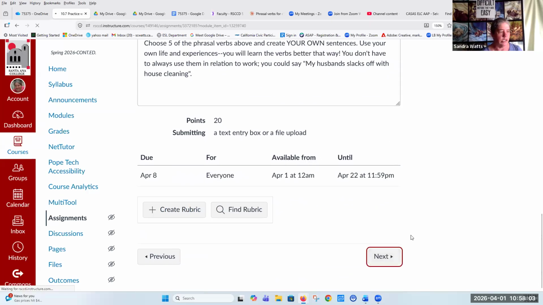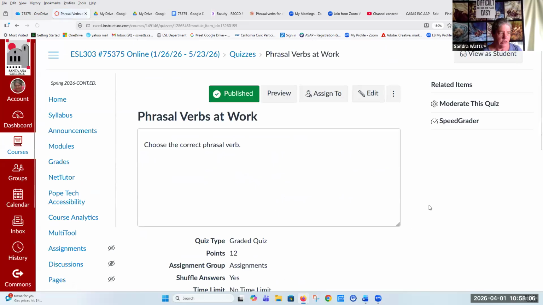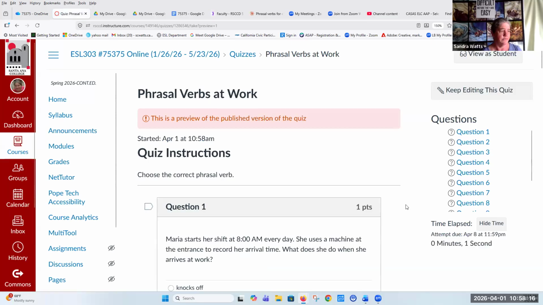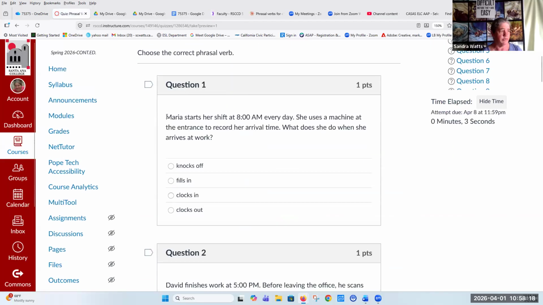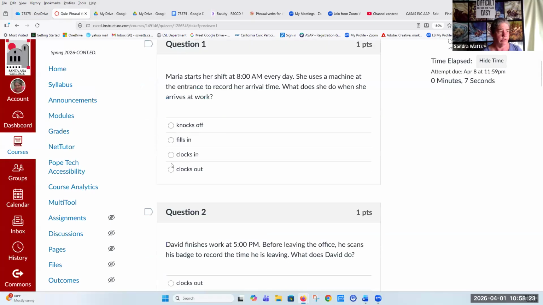And then the final one is actually a quiz. But it's multiple choice. So it's just A, B, C, D. Let me show you what it looks like. There's a little explanation, and then you choose the right answer.